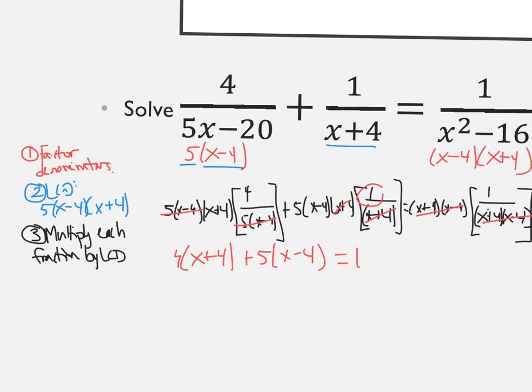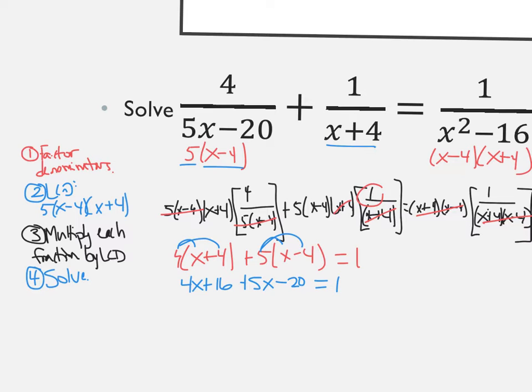Okay, so what's left for us to do next is to solve for x. So when we solve, we'll distribute the 4 through, so 4x plus 16, distribute the 5, plus 5x minus 20, and that equals 1.